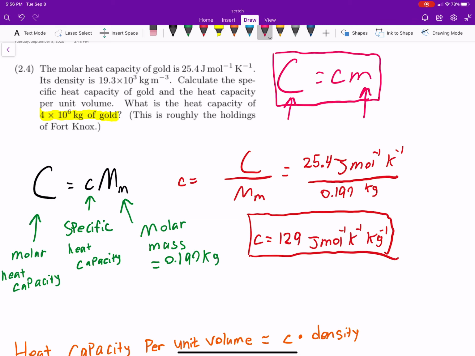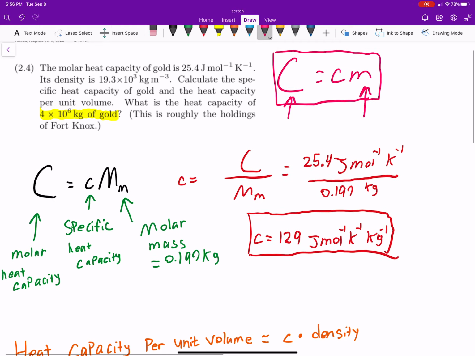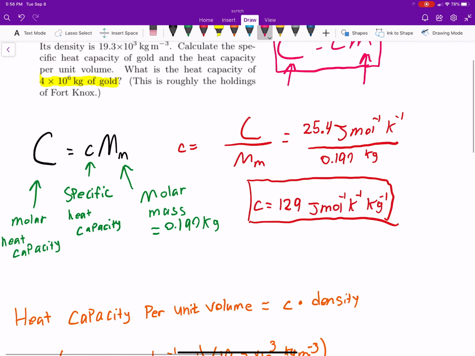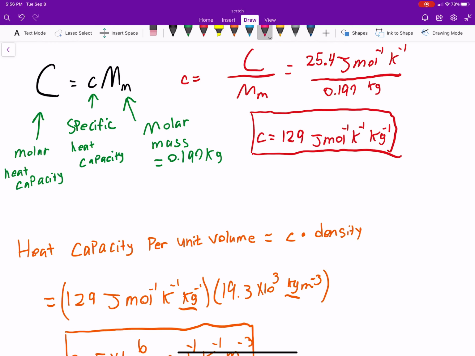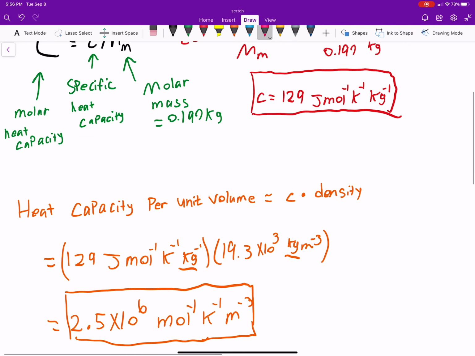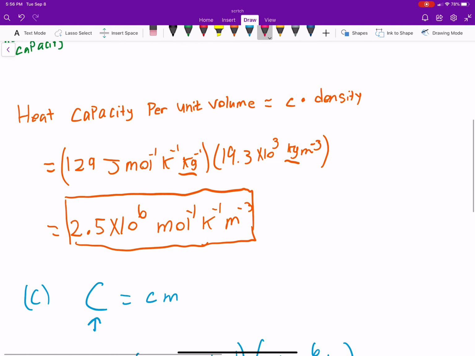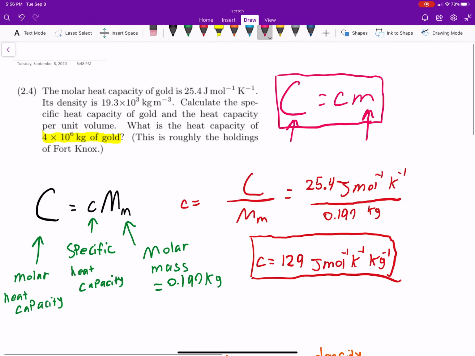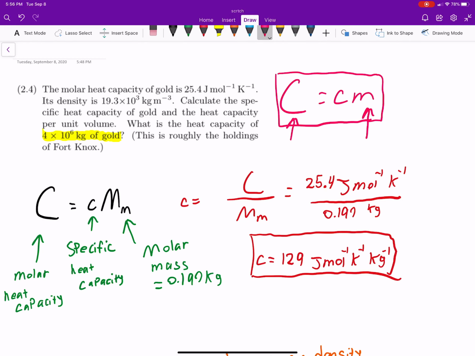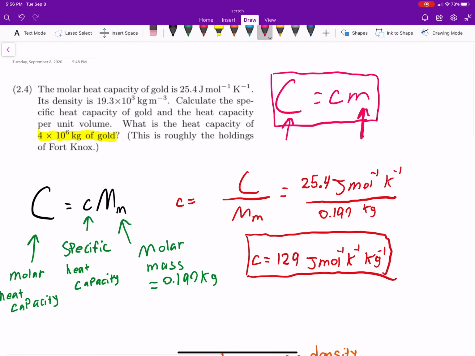If we want the heat capacity per unit volume, all we need to do is take your specific heat capacity and multiply it by the density, which they gave us. And for part C, if we want the heat capacity of that much mass, it's no longer molar mass. This M here is just that mass. So hopefully that makes sense.